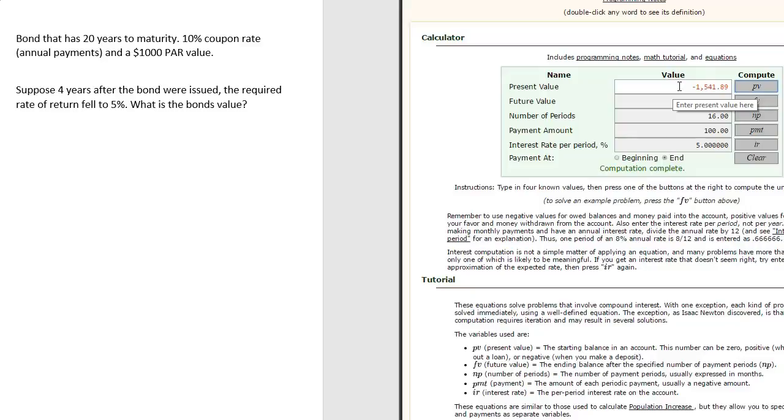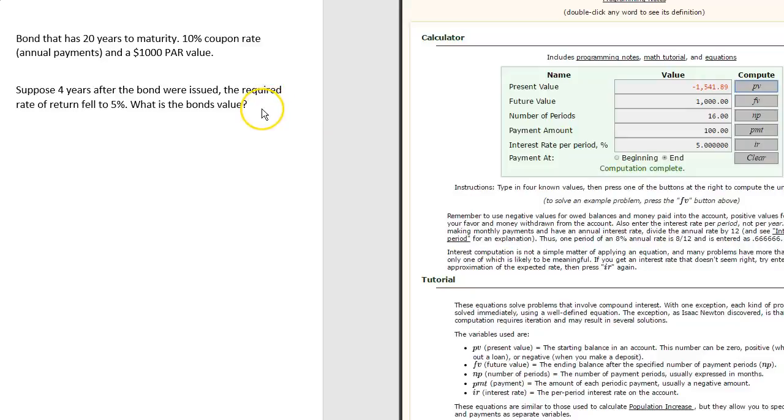Again, those really don't exist, and if they do, they're usually illegal. So there you go. You have found the value of a bond after an interest rate decrease has happened.